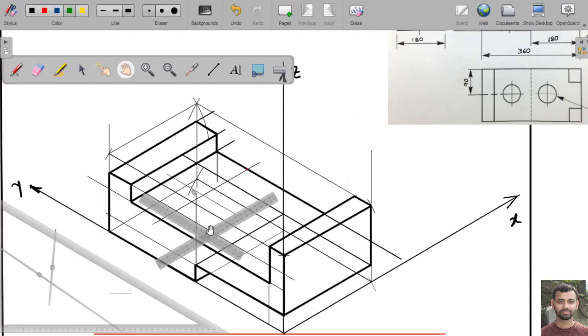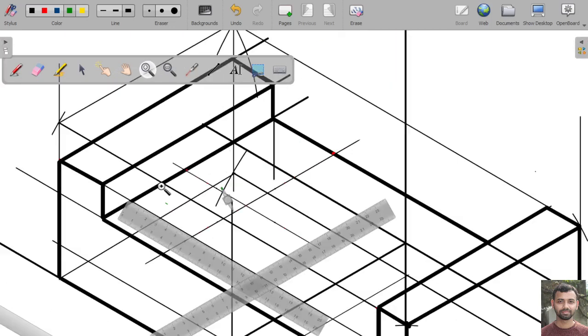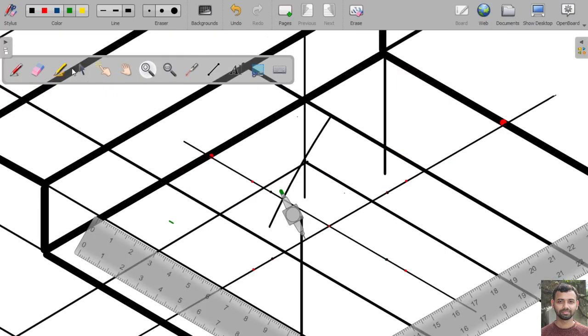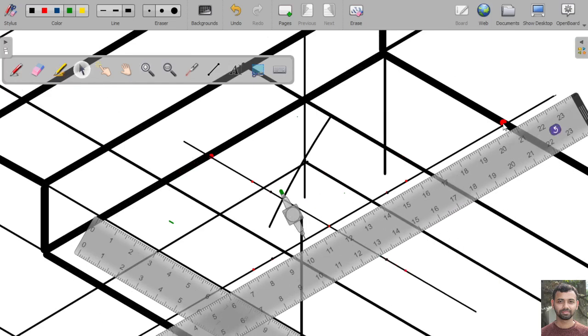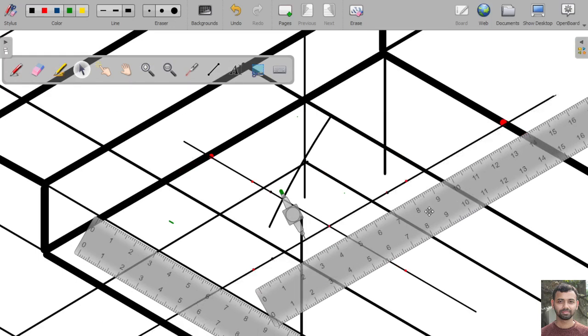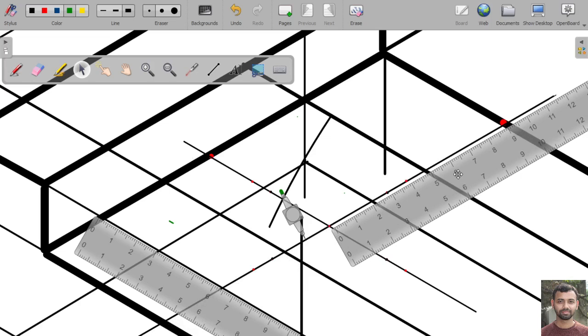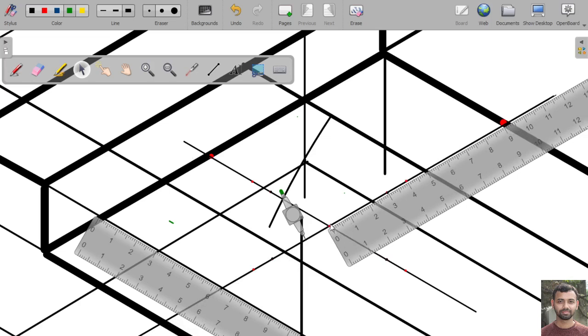So, if we look at the figure, the center point will be from this surface at a distance of 90 mm. So if this is the center point, then the center point will be from this isometric axis, isometric line.